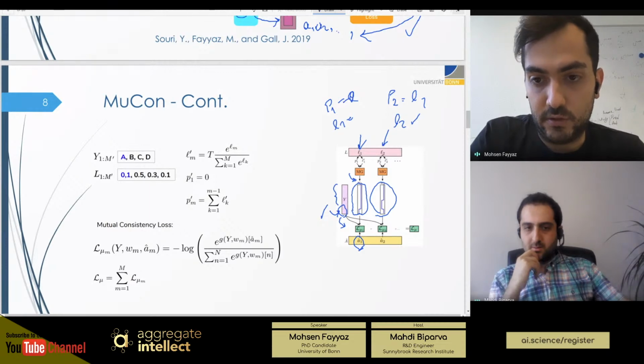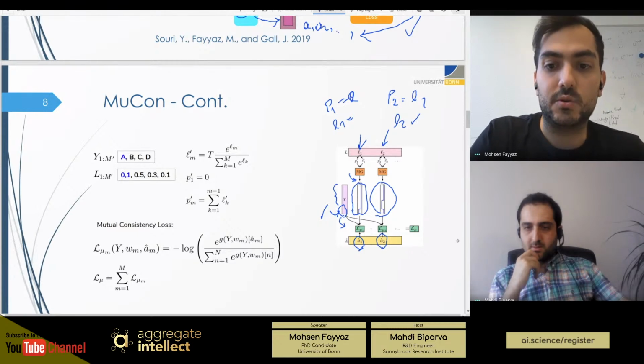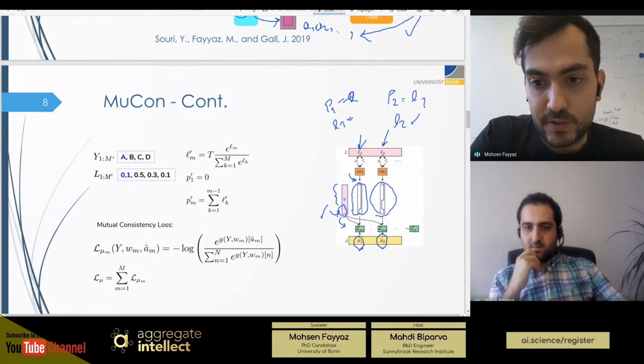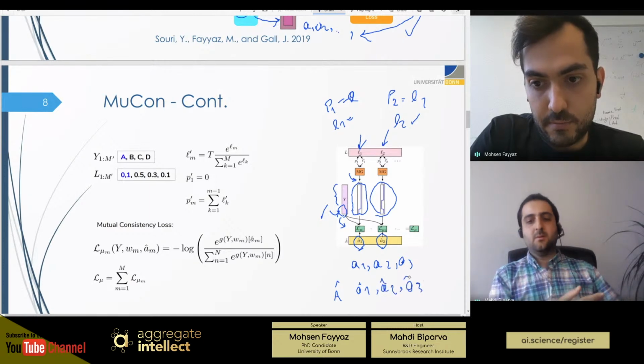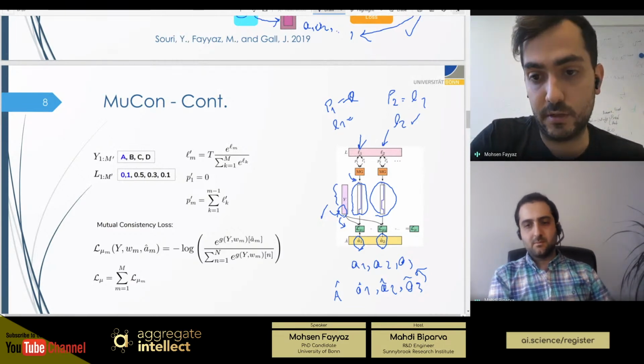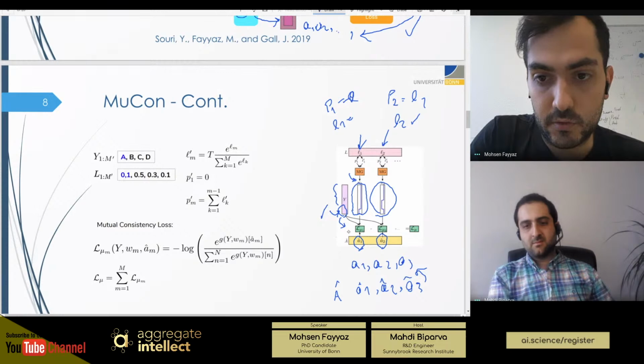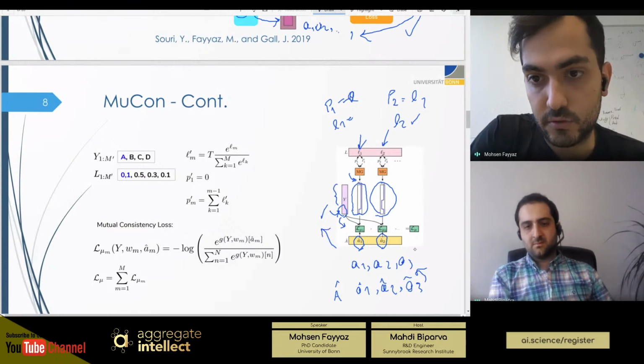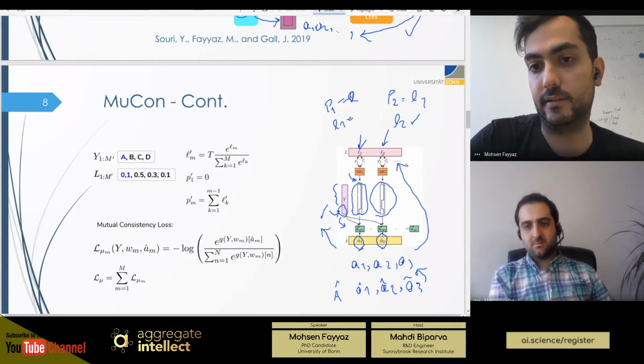And if I do it for the rest of the actions, I will get A2, A3, etc. So this is an ordered sequence of the predicted actions. And since we have the A hat, I also have the supervision and the label. I can backpropagate through it, and I can train the model. And since the masks are differentiable, I will backpropagate to Y and also to the estimated lengths L.